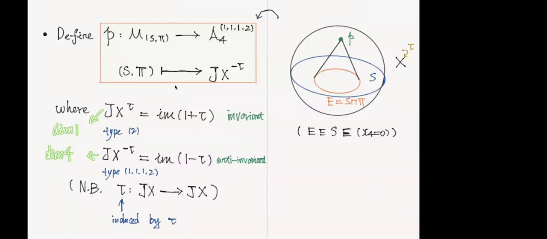And this hyperplane section is actually the cubic surface. And then we have this cone, which is only over this elliptic curve. In what follows, we will always view this elliptic curve and this cubic surface as in this hyperplane.